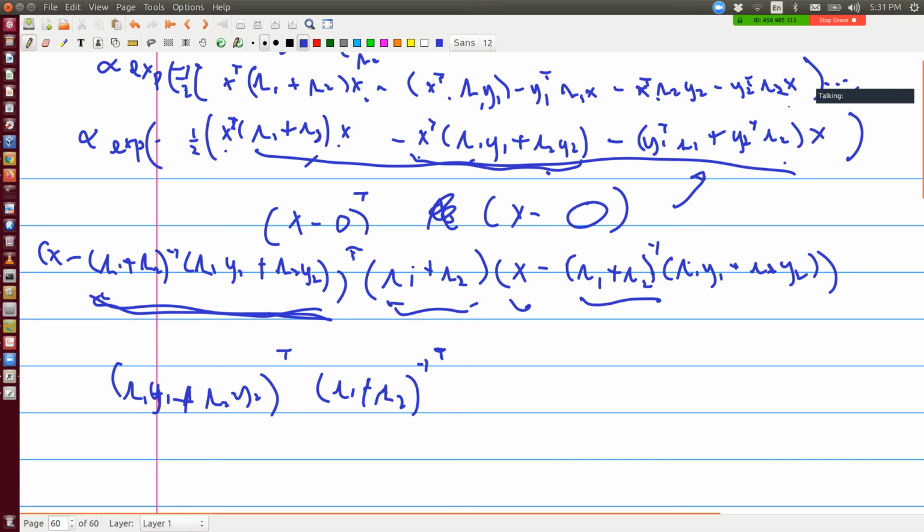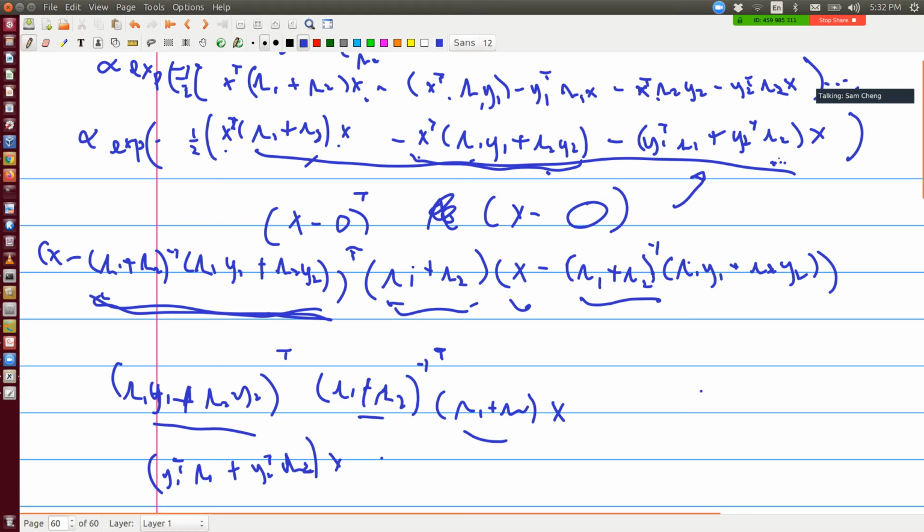Oh no, it's okay. This one is correct. So lambda 1 plus lambda 2. So this term multiplied by this term multiplied by x, right? Then these two guys got cancelled. And this one will become y1 transpose lambda 1, transpose is itself, plus y2 transpose lambda 2 times x. So it's indeed this one here.